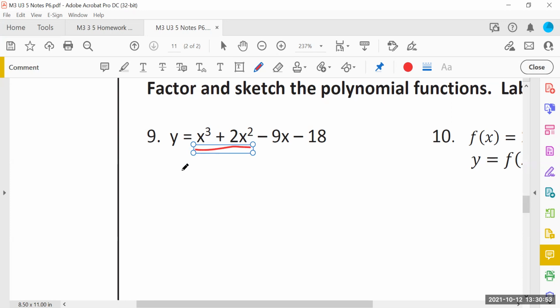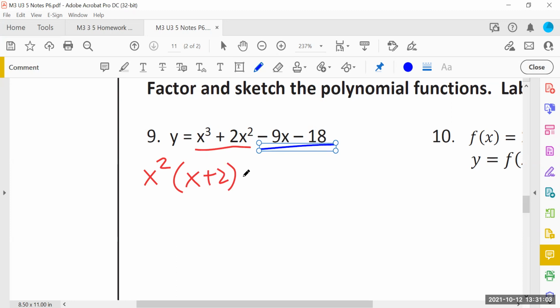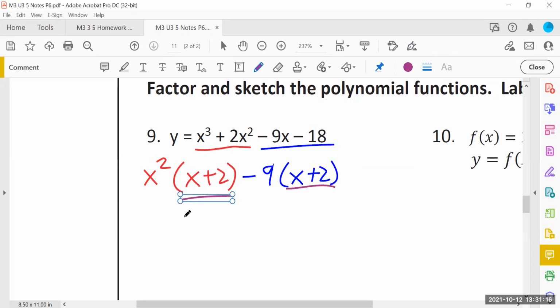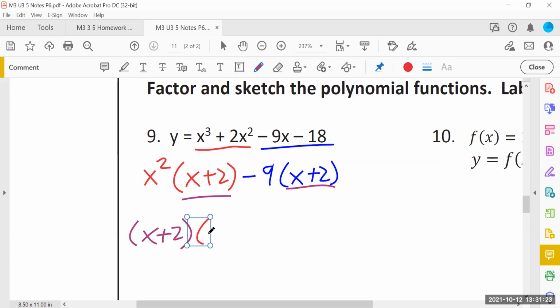X cubed plus 2x squared. I'm going to take an x squared out of those, leaving me with an x plus 2. Negative 9x minus 18. I'm going to take a negative 9 out of those, x plus 2 again. Take the x plus 2's out, x plus 2, x plus 2, left with x squared minus 9.